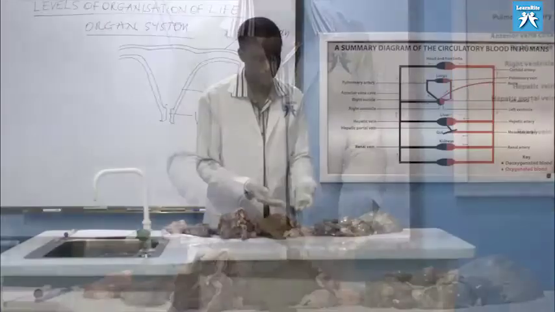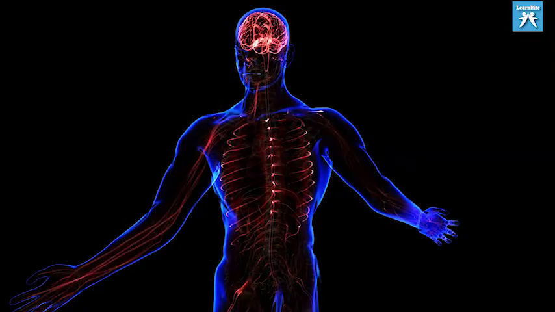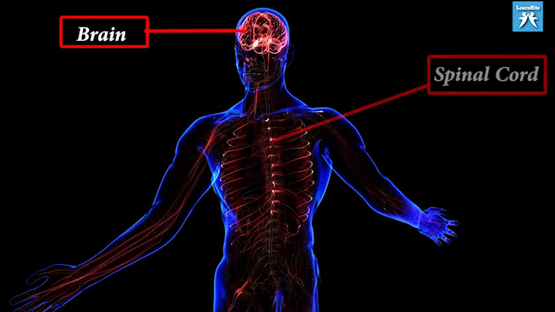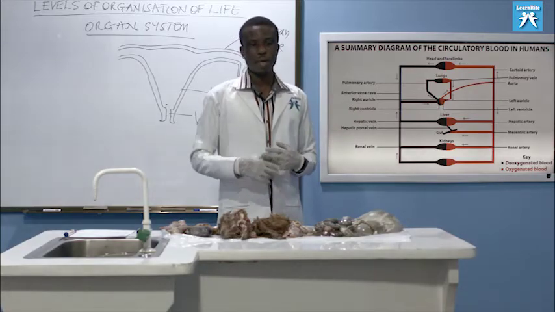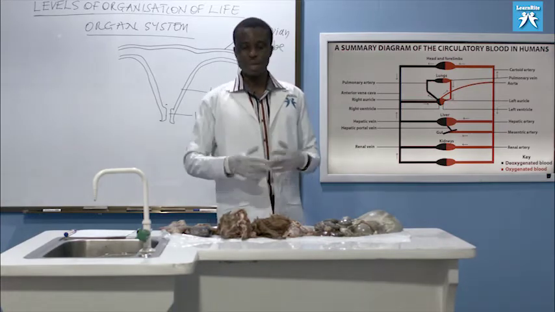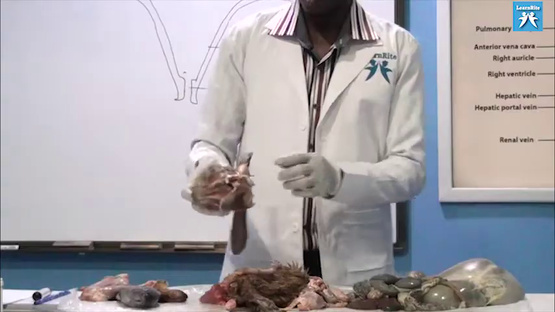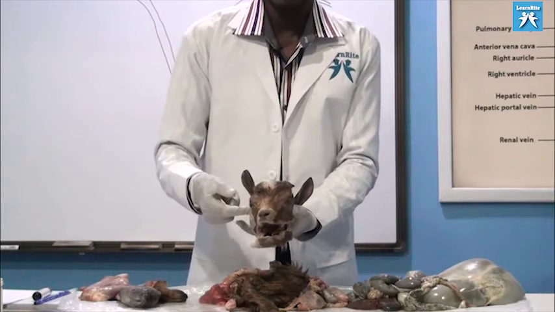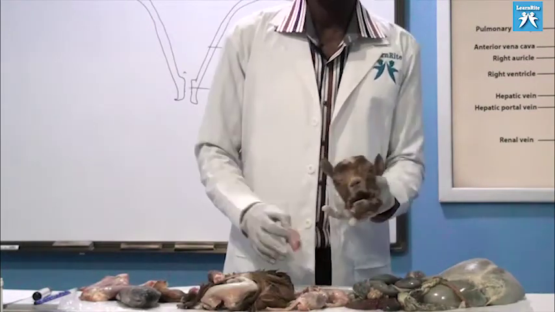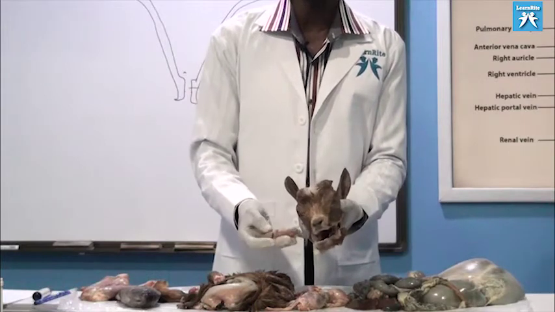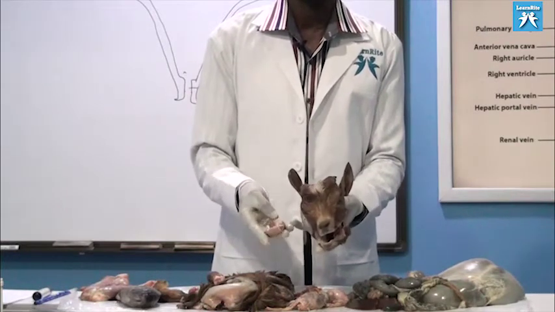That's interesting. We have the nervous system made up of the brain, spinal cord, nerves. And nerve is made up of nerve cells. The sense organs, eye, nose, ear, even the tongue, they form the nervous system.